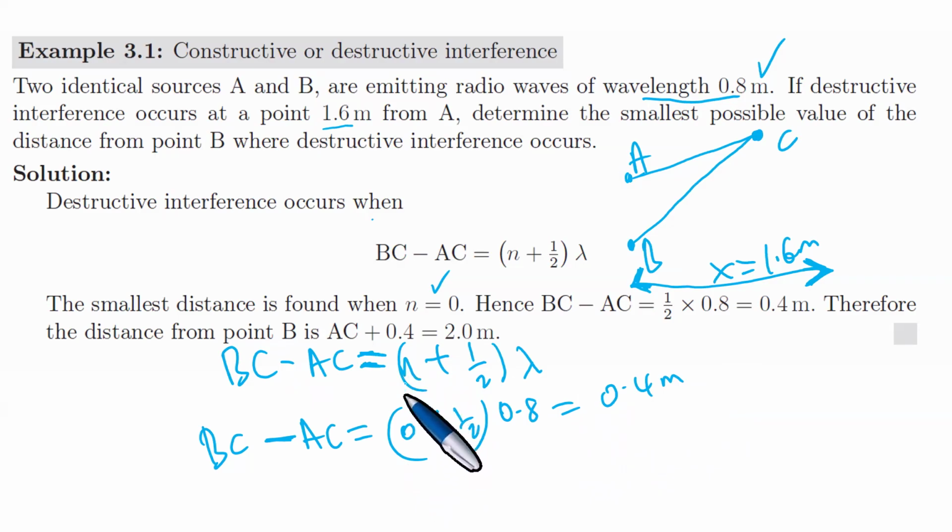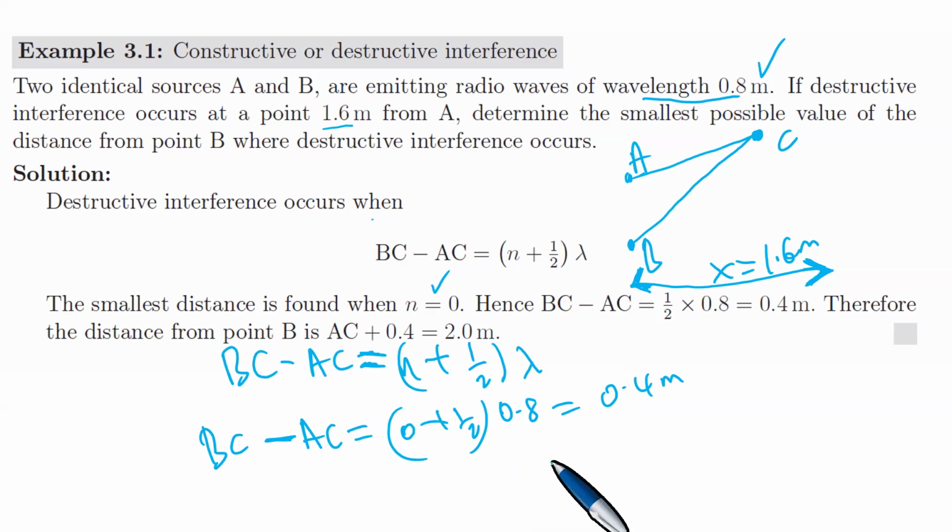That would be exactly 2.0. Just check that. So obviously now, if the destructive interference occurs at a point 1.6 meters from A, determine the smallest possible value.